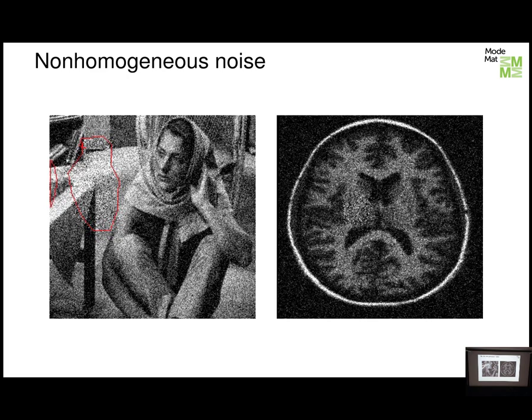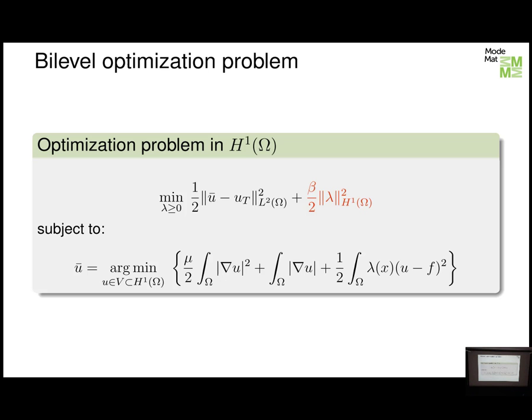Here is another example where you have different types of noises or noise intensities within one image, and you want to recover the best image out of it. And it doesn't really mean that you need a constant parameter for the weighting between the terms that you had in the variational functional. So in this setting, the optimization problem looks like this.